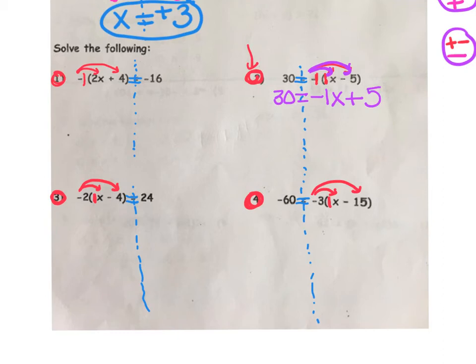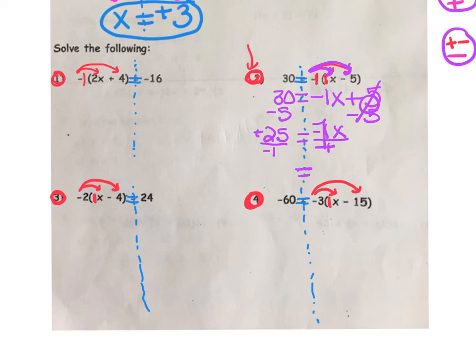Now it's time to solve. Take away 5 from both sides. As we move towards isolating that x variable, we're left with negative 1x, and on the left side, we have 25. Now divide both sides by negative 1.